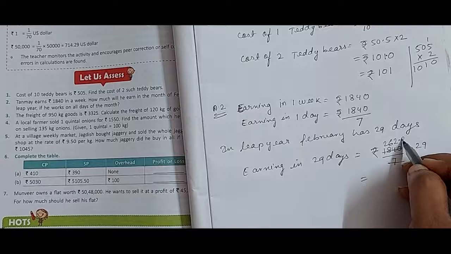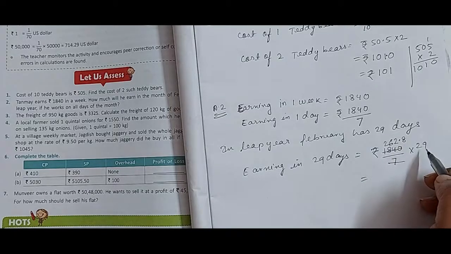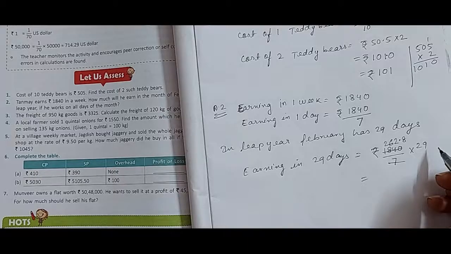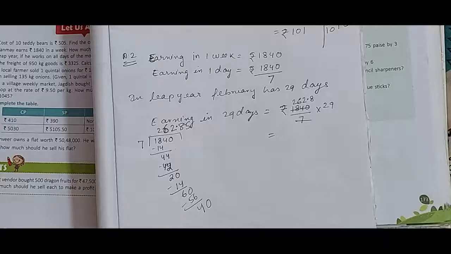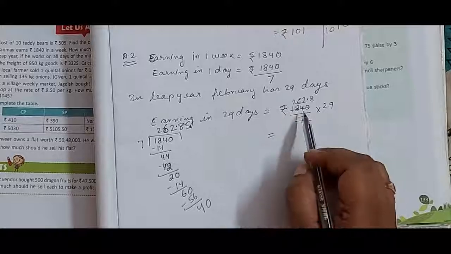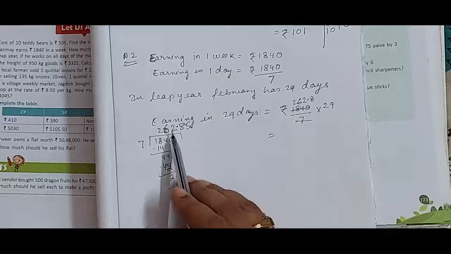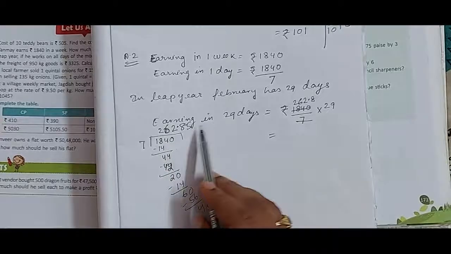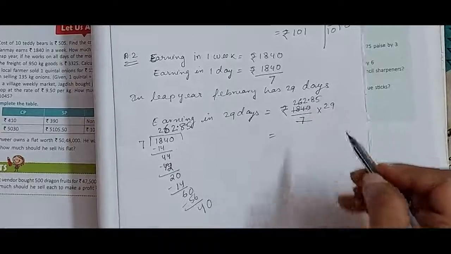So 7 8s are 56. Okay, so let us multiply it. I have solved it through the long division method and I got the answer as 262.85. So I am going to write here, rupees 262.85 into 29.